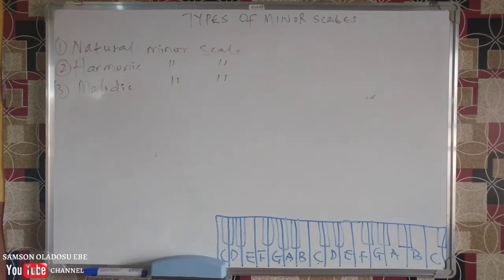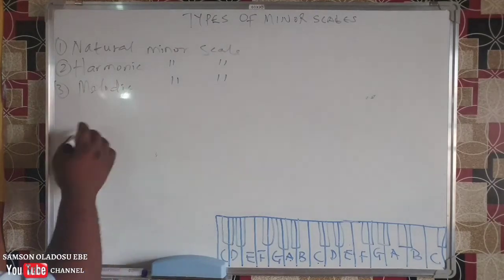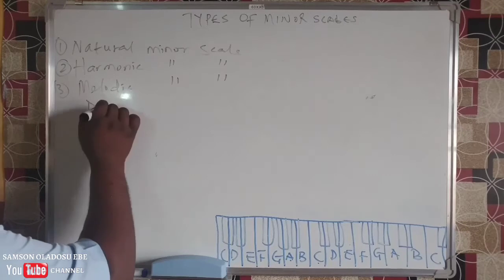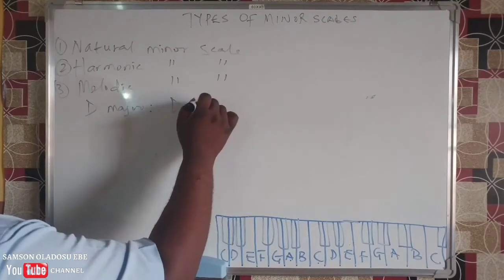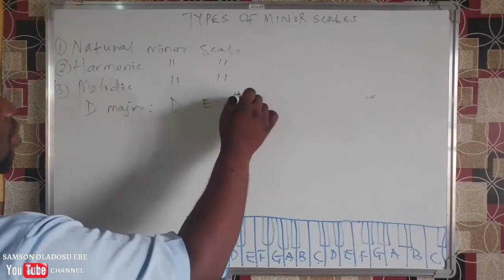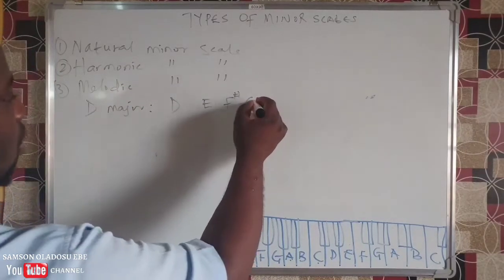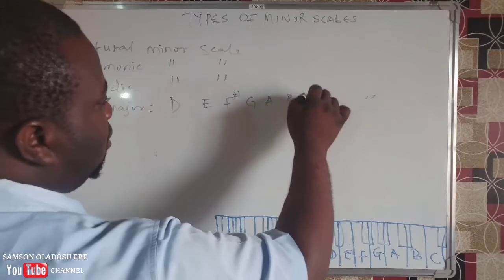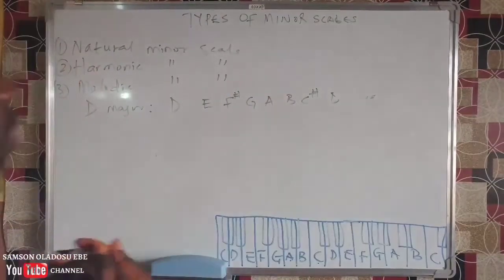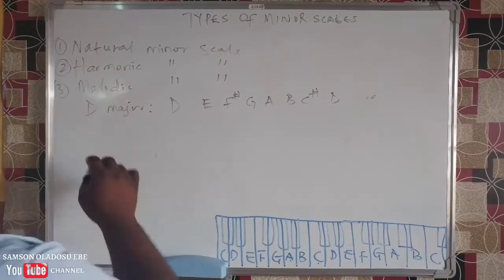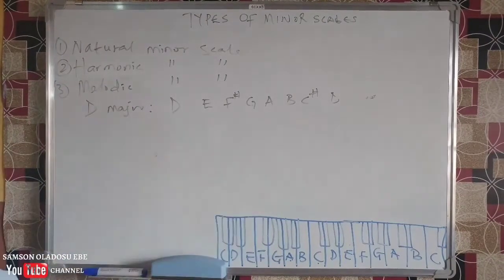Follow me. Let us use, for instance, the scale of D major. The scale of D major consists of D, E, F sharp, G, A, B, C sharp, D. This is the scale of D major. Now, what is the relative minor of D major?